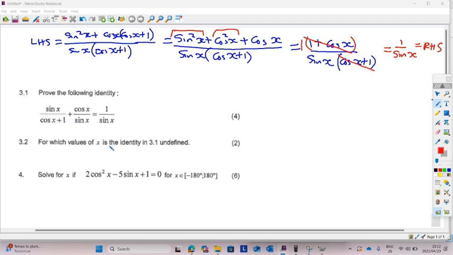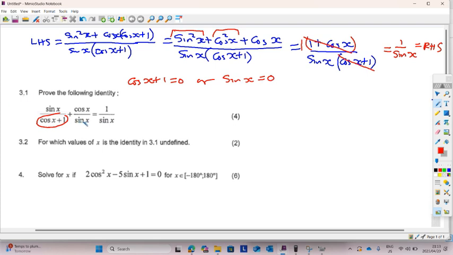So the values of x for which this thing is undefined, it is when this one here is equal to 0, that is cos x plus 1 is equal to 0, or the other denominator is sine x there, or when sine x is equal to 0, right?